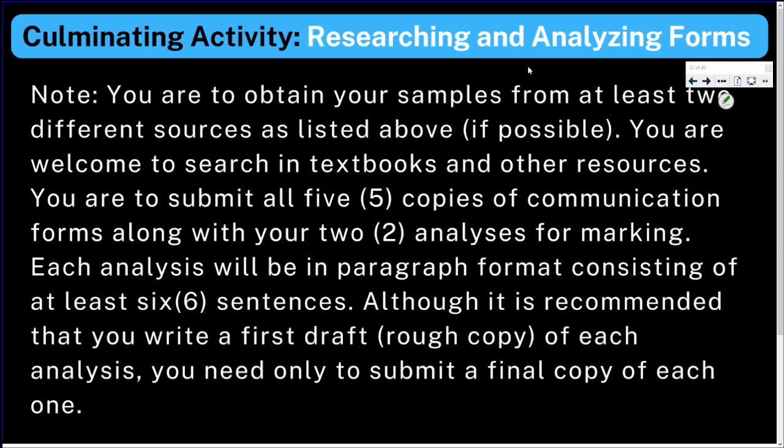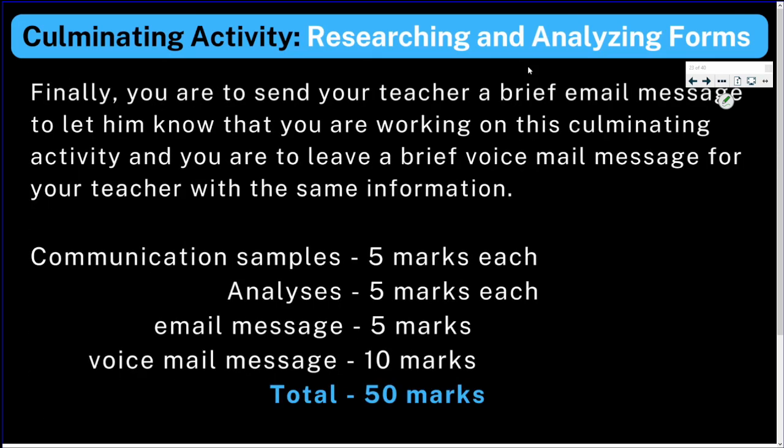So just make sure I've done my math correctly. 5 times 5 is 25. 2 analyses brings us up to 35. Email message is 5. Voicemail message is 10. All right, so that's how that works. So you'll give me 5 samples. You'll analyze 2 of them, 1 business letter, 1 memo.